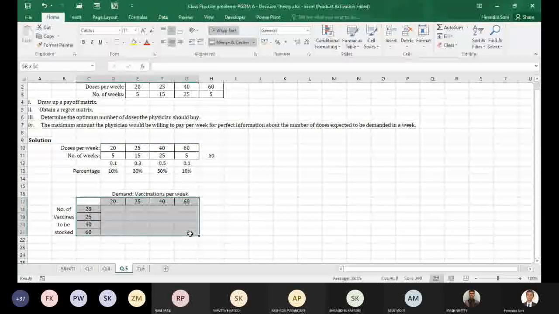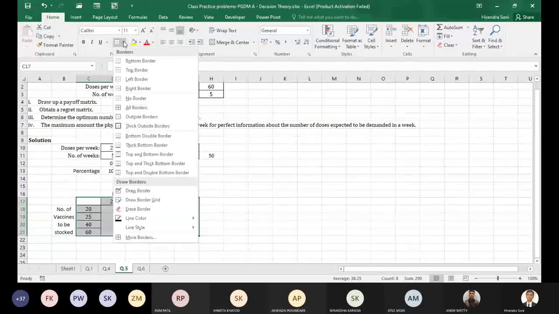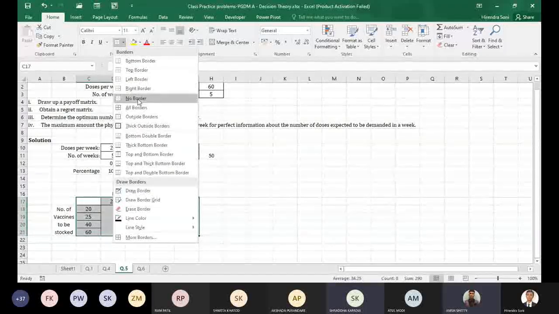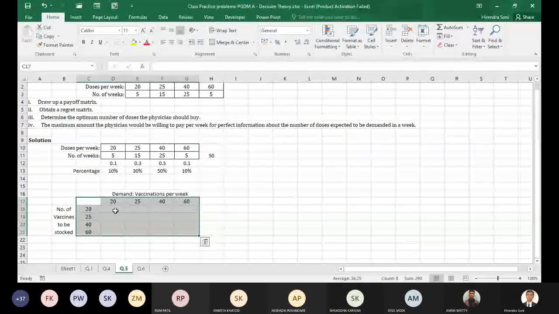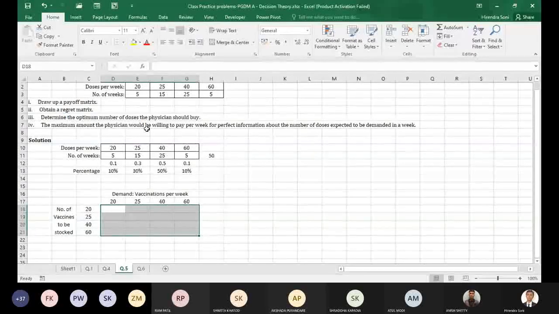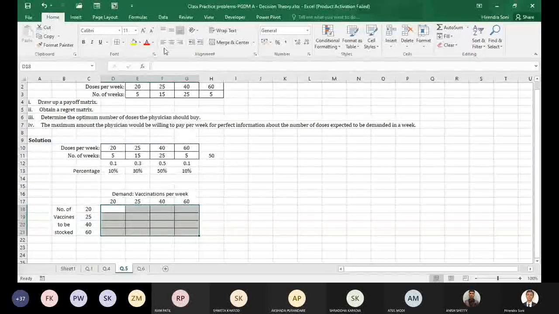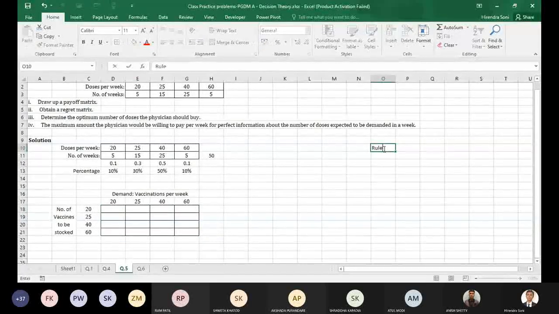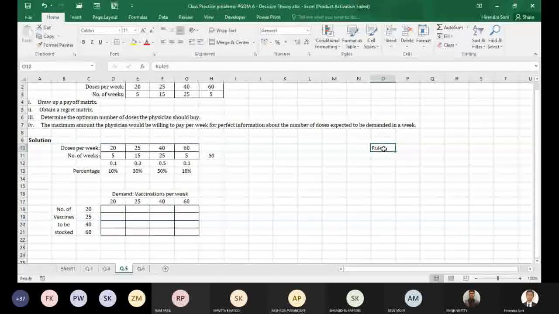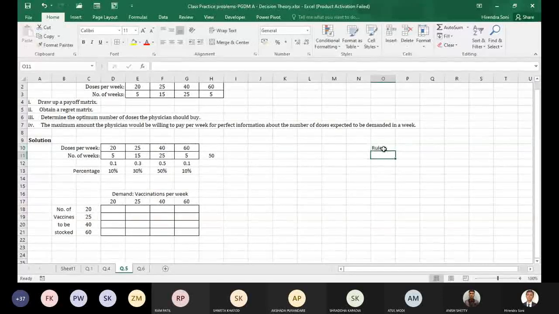Can we work out the payoff matrix? Now again, the payoff matrix would be based on some rules. Let us work out the rules first so that we don't commit any mistakes.